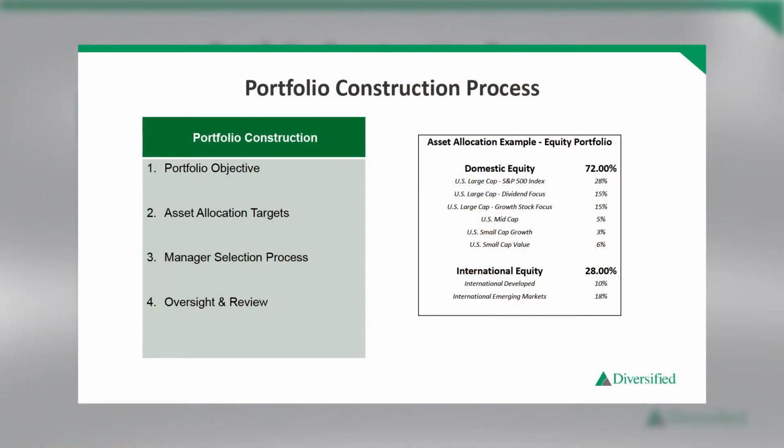On the screen, you're going to see an example of an asset allocation target. More than anything, when you think about this type of framework, this is an example of an equity portfolio. We're going to create some sort of target based upon our research, our beliefs, and economic data, what we believe is going to happen in the short term. We also have beliefs over the long term.